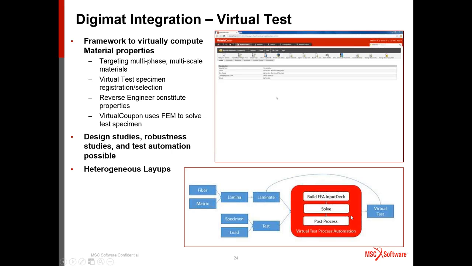And then once the analysis is complete, the virtual allowables are generated and then sent back into the input laminate so that users can validate physical test data with virtual test data. And of course, all the intermediate files and properties will be captured, traceable, and available for a detailed review.